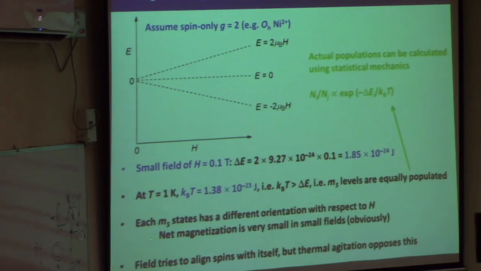So what that basically means is that the net magnetization in a very small field is also small, which I guess is pretty obvious. What these individual spin states are trying to do is align with our very small field. But the problem is that too much thermal energy is available, so they cannot do that. The thermal agitation in the system means that they can work against the external field in a small field.